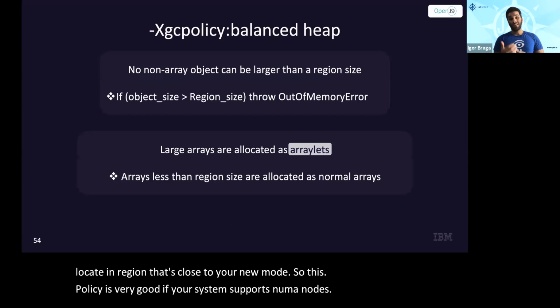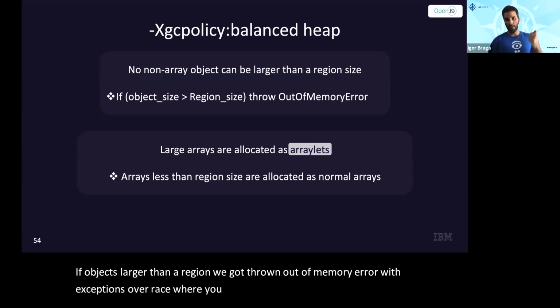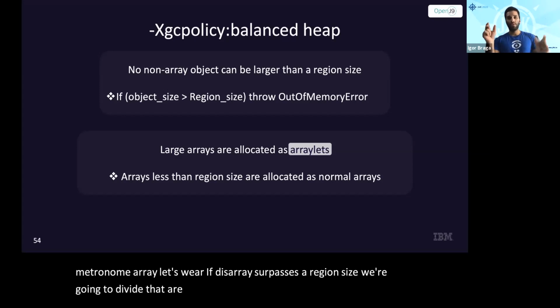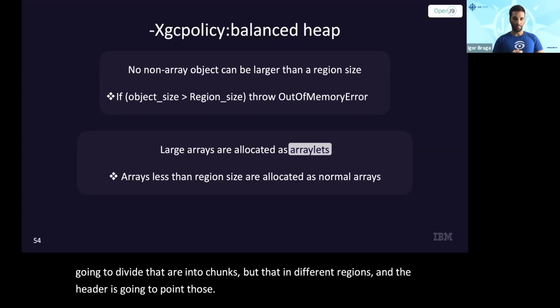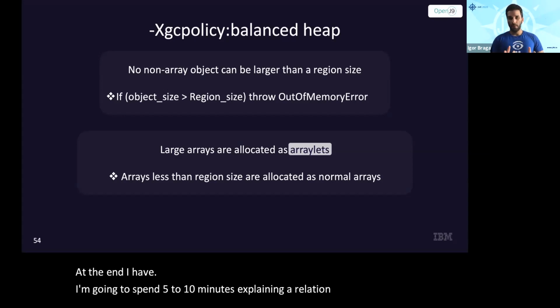If an object is larger than a region, we're going to throw an out-of-memory error, with the exception of arrays, where you have the same technology as in Metronome, arraylets: if an array surpasses the region size, we're going to divide that array into chunks, put them in different regions, and the header is going to point to those regions, and we call those arraylets. At the end, I'm going to spend 5 to 10 minutes explaining arraylets in more detail, so don't worry about that.